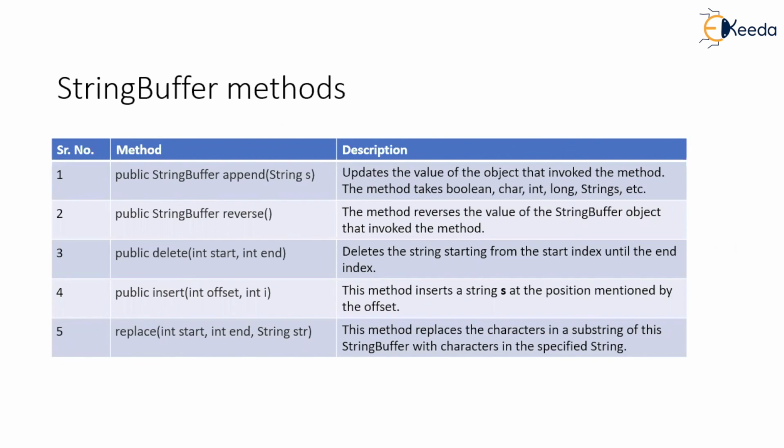Delete, insert and replace are the main methods which are frequently used in StringBuffer. Along with these, there are some more methods as well. However, you can refer to all those methods in the Java documentation. There are similar methods available in the StringBuilder class as well, which can be referred through the Java documentation.